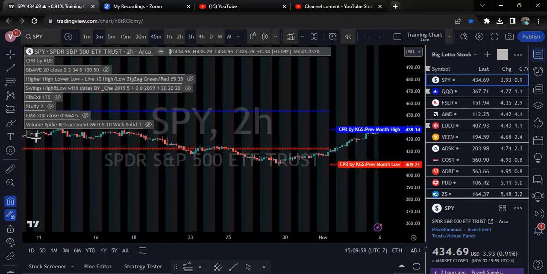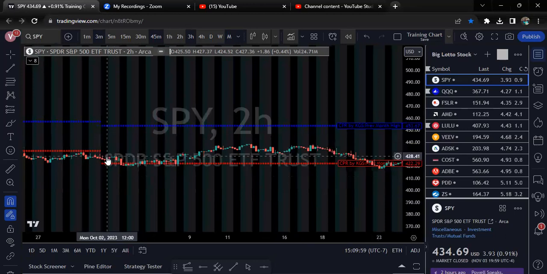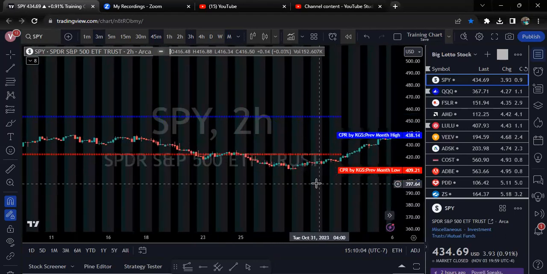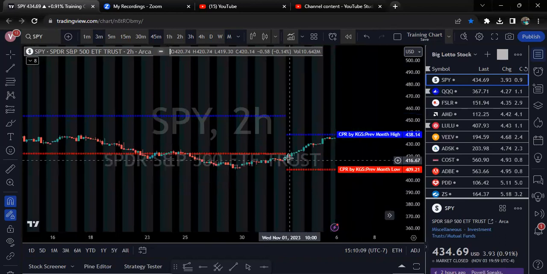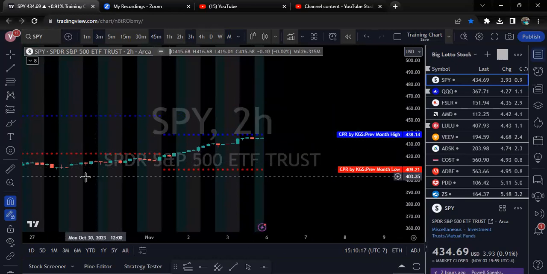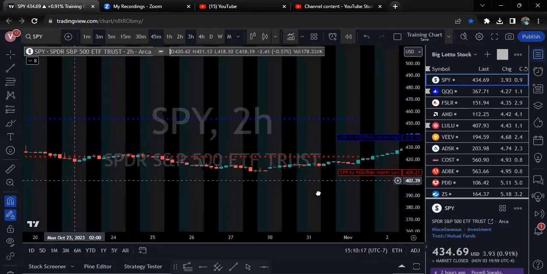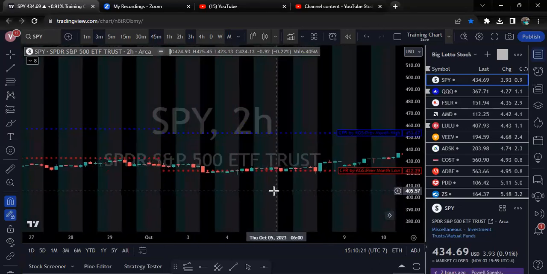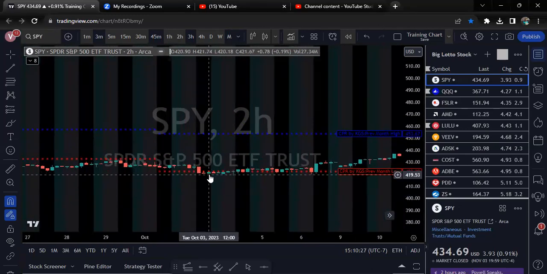But if you look at this, it started from October 2nd and went all the way to the last day of October. Then this one started from November, so this is the beginning of the month to the next month. When October started, we were headed to this level.